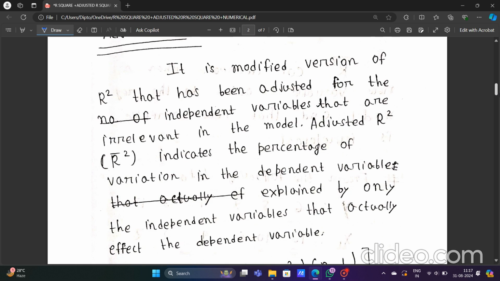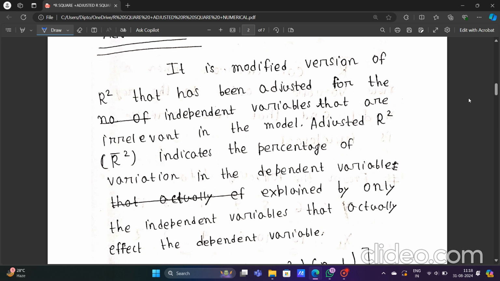It is a modified version of R square, and it is adjusted for the independent variables that are irrelevant to the model. So if you calculate the adjusted R square and increase the number of independent variables, suppose at first the model was y equals alpha plus beta x1, and now by adding two more variables the model is y equals alpha plus beta x1 plus gamma x2 plus delta x3.